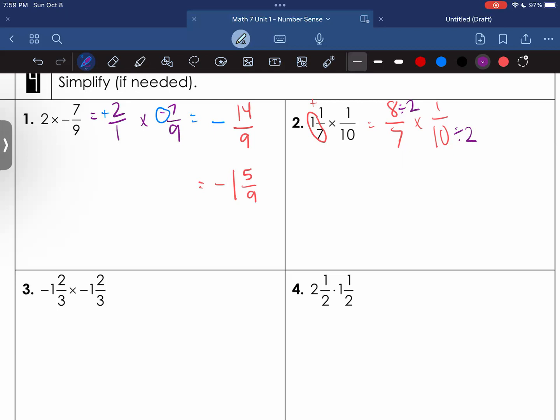So we are multiplying these, which means we can do what I just showed. So now our new problem is 4 over 7 times 1 over 5. Now we just multiply straight across. 4 times 1 gives us 4. 7 times 5 gives us 35. We cannot simplify any further, so that is our final answer.